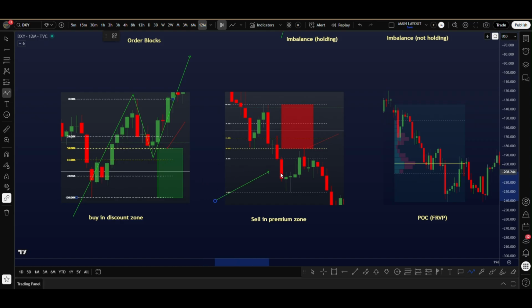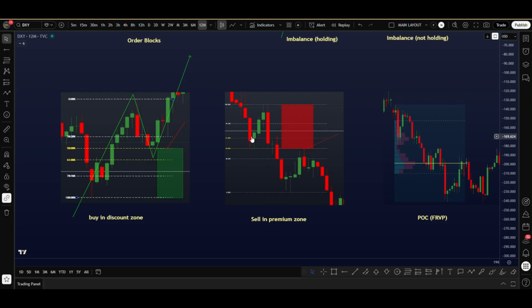The same thing in a downtrend: we put our Fibonacci from the high to the low, and we want to take a trade above the 50%, in the premium zone, because we want to sell at a premium price. Simple as that. So to resume, Fibonacci retracement is a tool I used in the very beginning of my journey in trading.